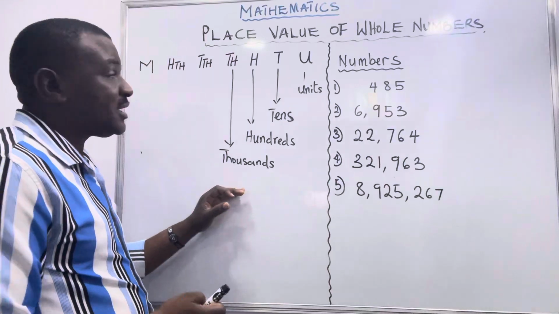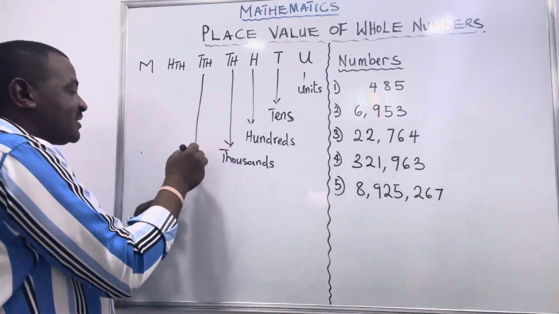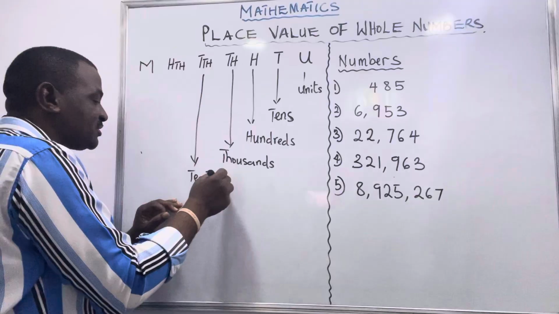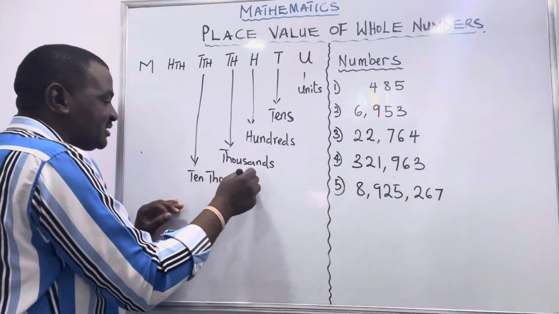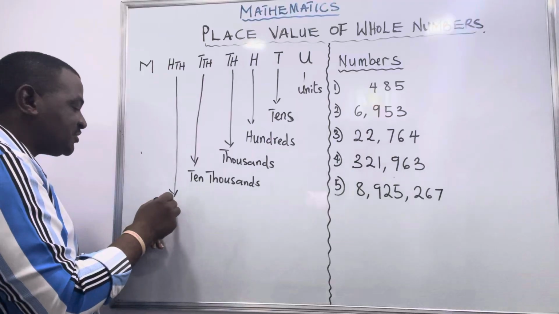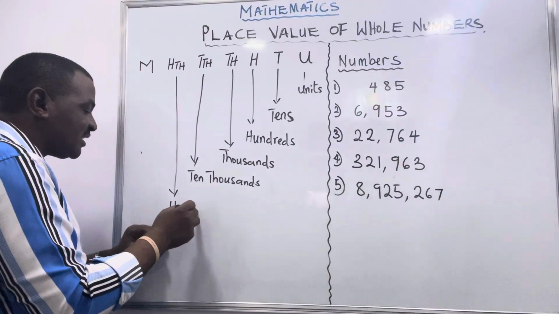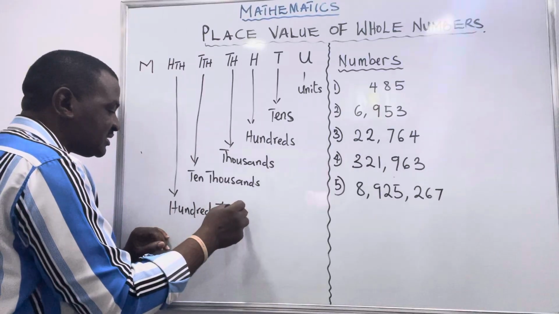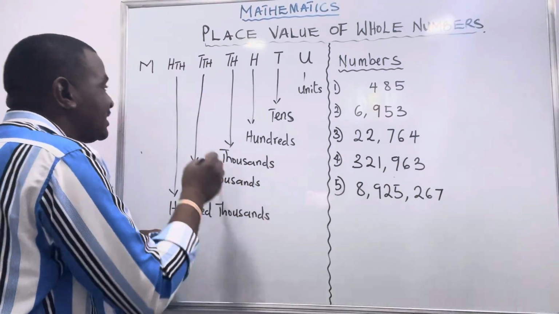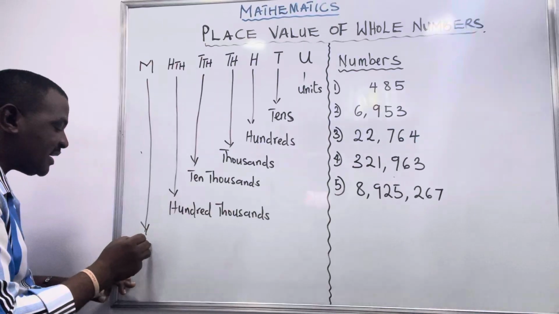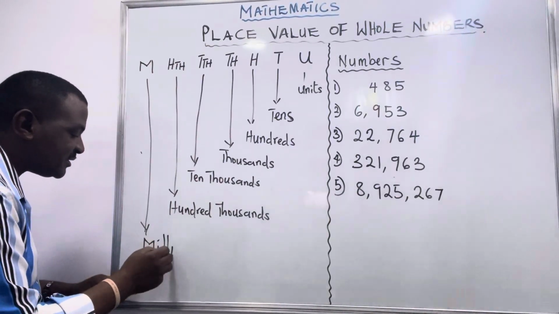That is the flow, okay? Followed by 10,000s. Followed by 100,000s. Then followed by millions.